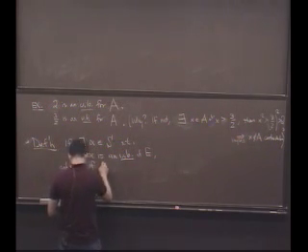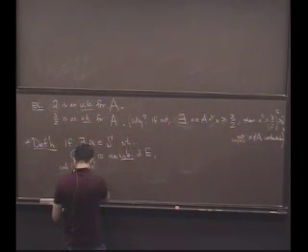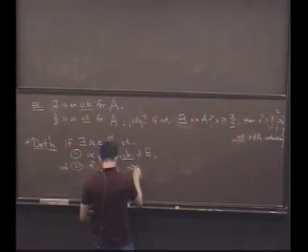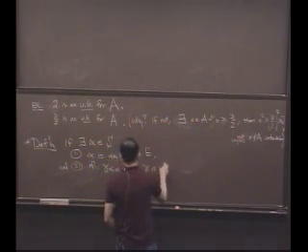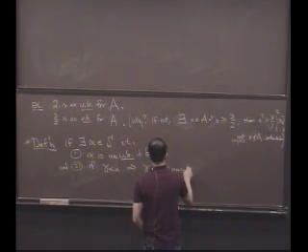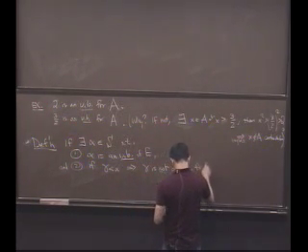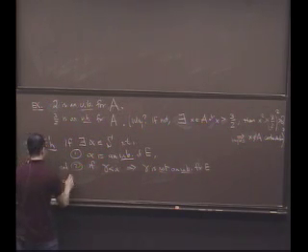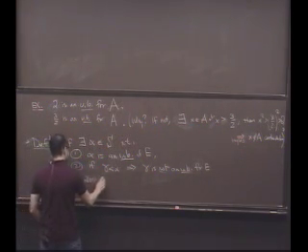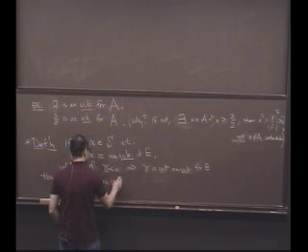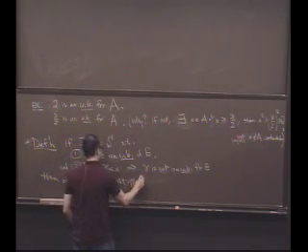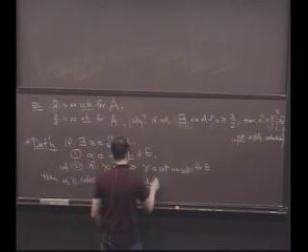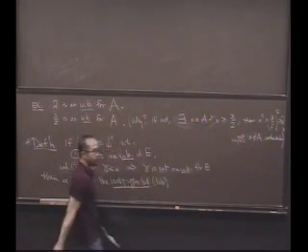And if gamma less than alpha implies gamma is not an upper bound for E, then alpha is called the least upper bound. We often abbreviate this by LUB.